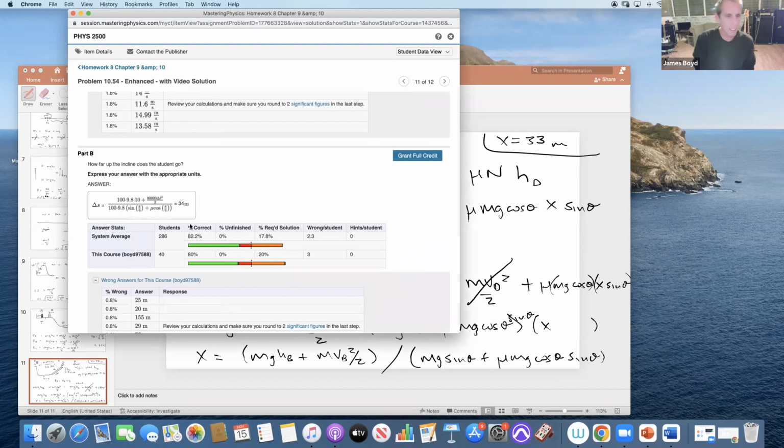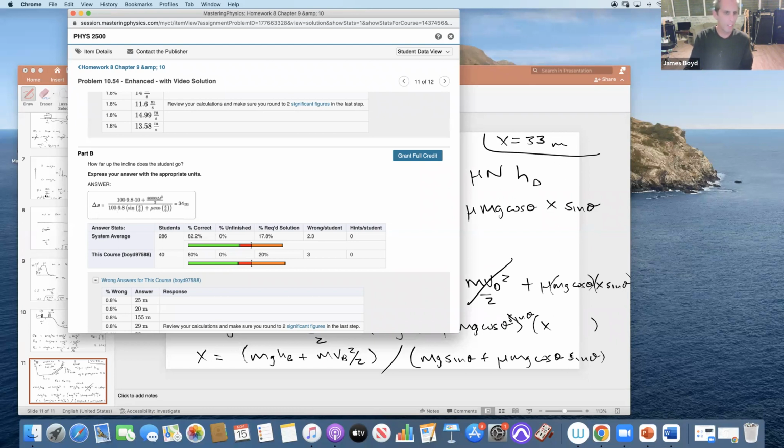They got something slightly different. This is my 100 times 9.8 times 10. Oh, I think they used 16. I didn't use 16, I didn't round it up. But if I had rounded it up, I would have gotten 34. Over mg sine of the angle, they're using radians. I use 30 times mu mg mu cosine of 30.